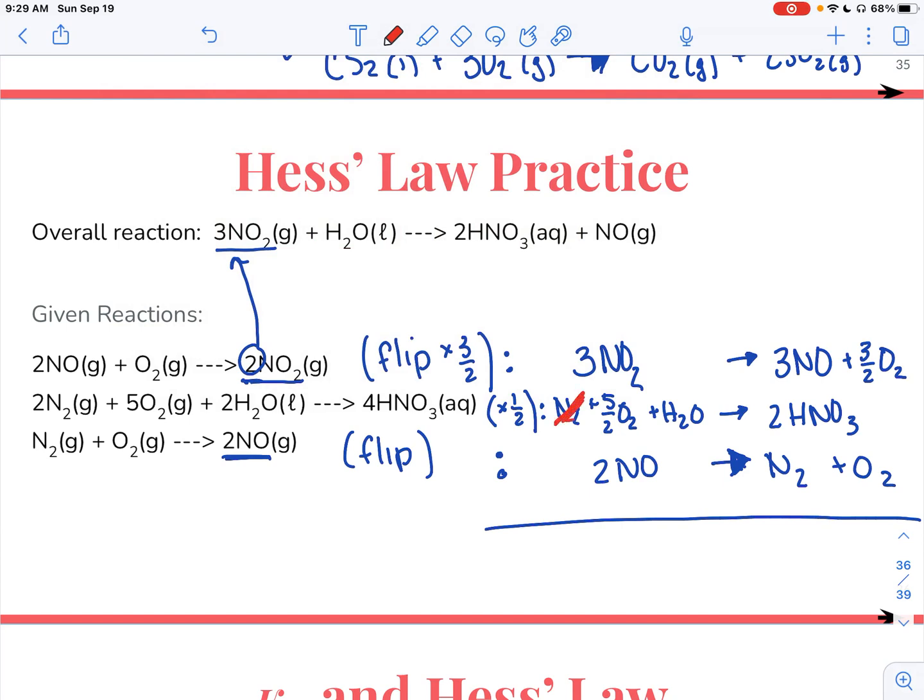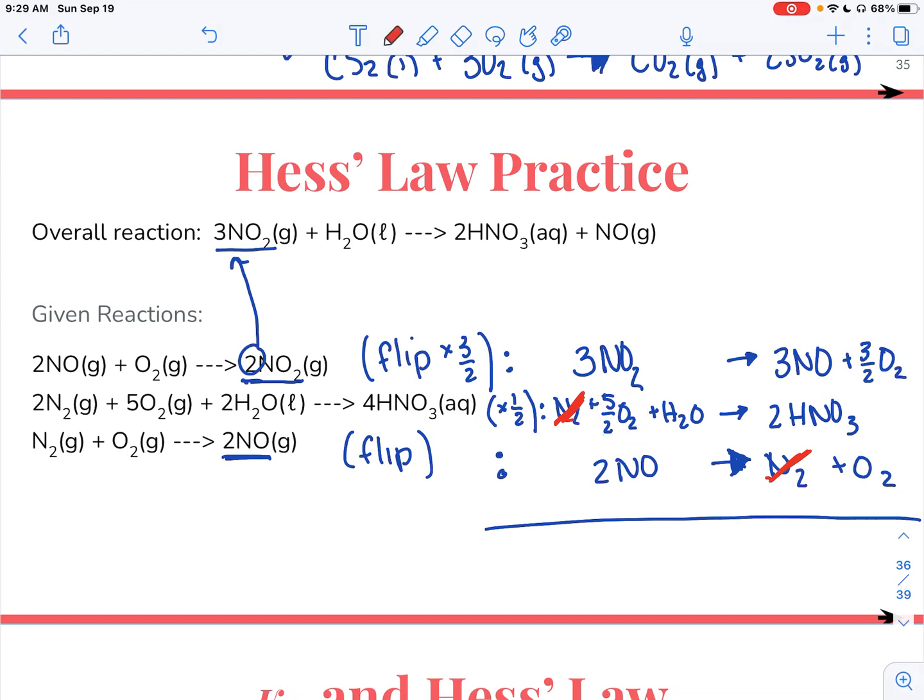So N2 cancels. And that's it, that cancels all together. But look, we have 3 halves O2 here and 1 O2 here. So that's going to be 5 halves, which we have before the arrow here.